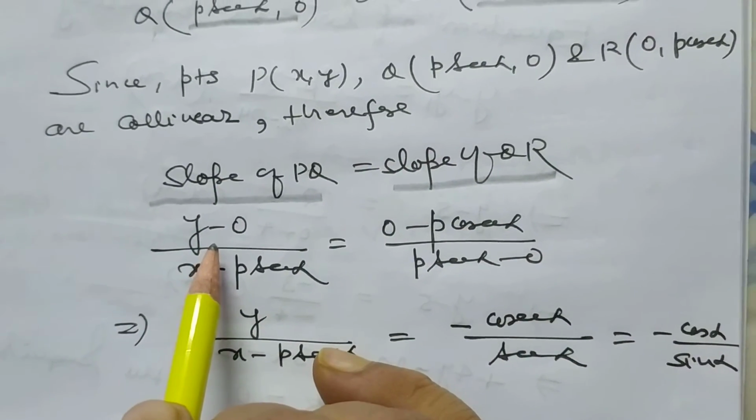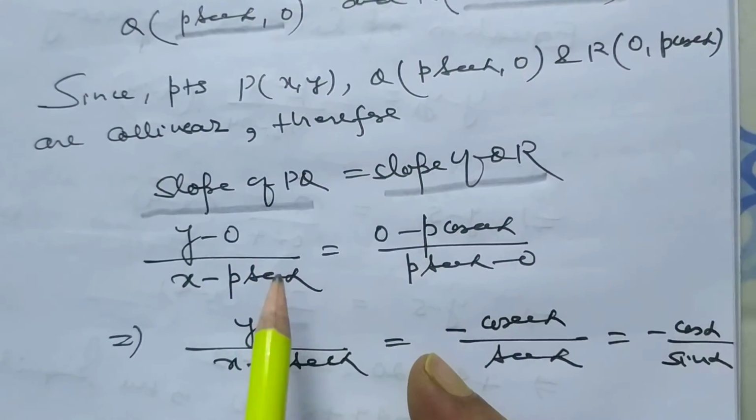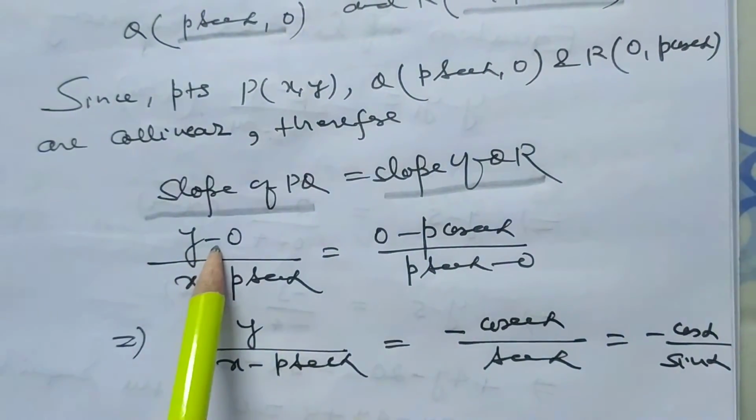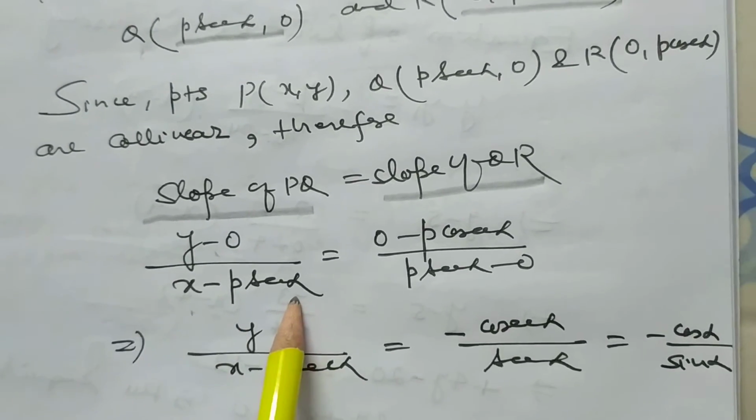Now slope of PQ is equal to how much? (y minus 0) divided by (x minus P sec alpha).